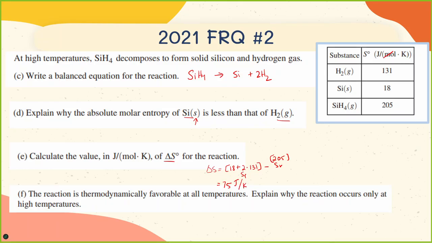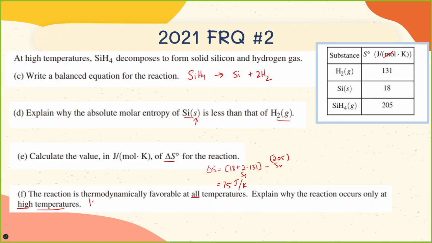It says the reaction is thermodynamically favored at all temperatures. Explain why the reaction, though, only occurs at high temperatures. This is that weird phrasing where basically they're saying it's under kinetic control.